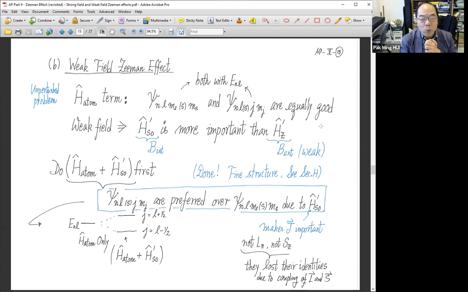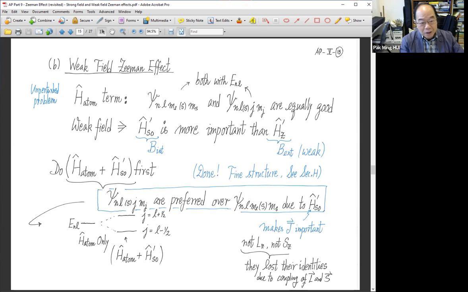It is the weak external magnetic field Zeeman effect, or in short, weak field Zeeman effect. The whole Hamiltonian will have a spin orbit interaction term and some Zeeman term.